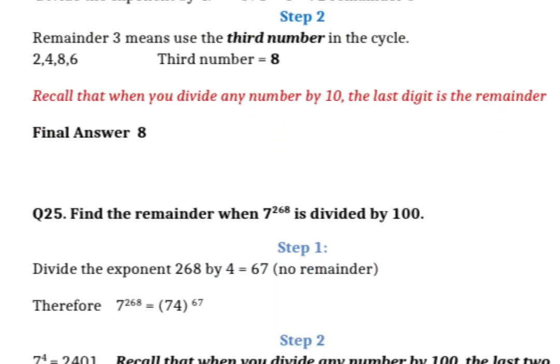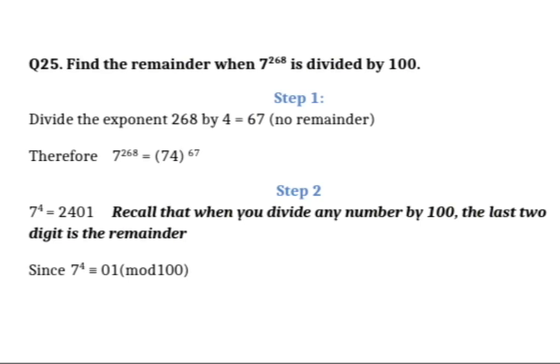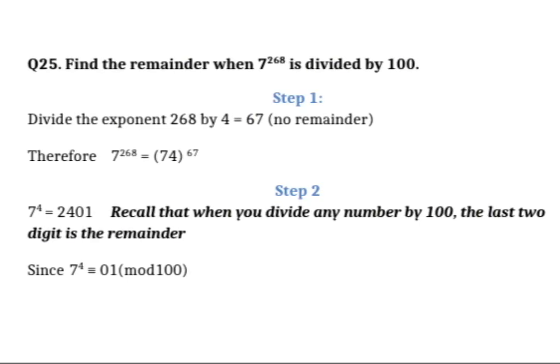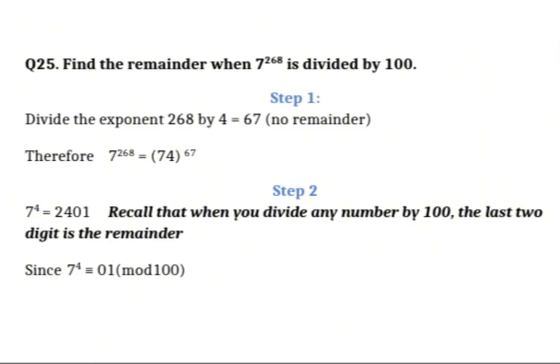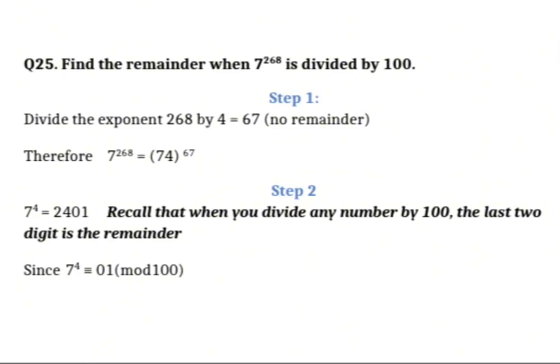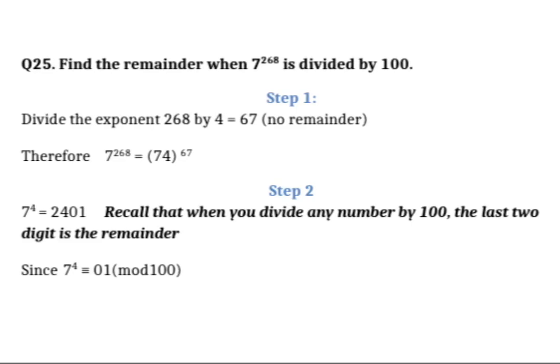The next question is very much similar to the first. Question number 25 says, find the remainder when 7 raised to the power 268 is divided by 100. Recall again that the last digit of the powers of 7 repeats in a circle and the length of the circle is 4. So we'll divide the exponent 268 by 4, and that gives us 67 without a remainder.